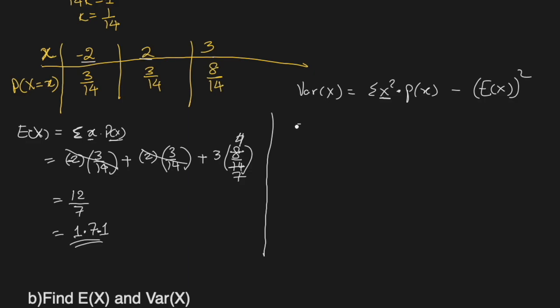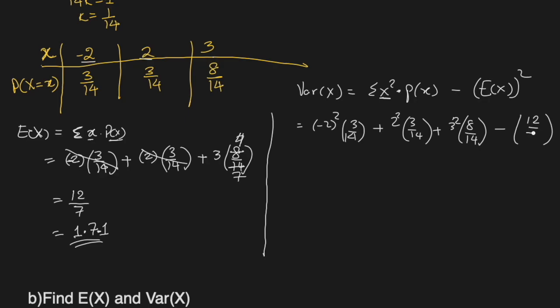So I will square -2 and multiply by its probability, then plus 2² times 3 out of 14, plus 3² times 8 out of 14, and then minus, and I will square this 12 over 7, not 1.71, because it is exact and it will help us to answer this one. So (12/7)² is the square of the expected value.